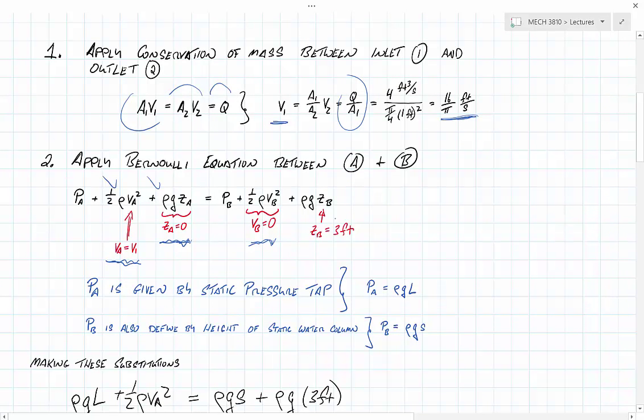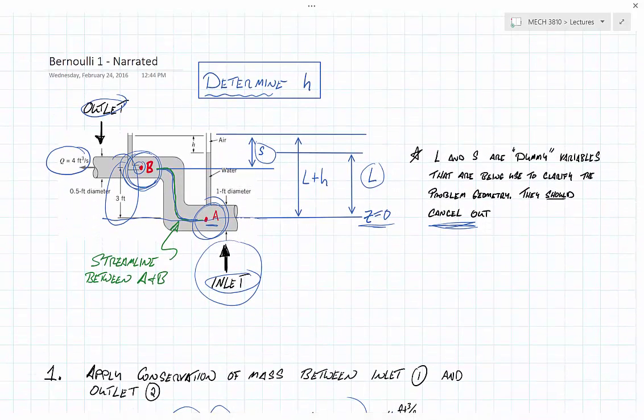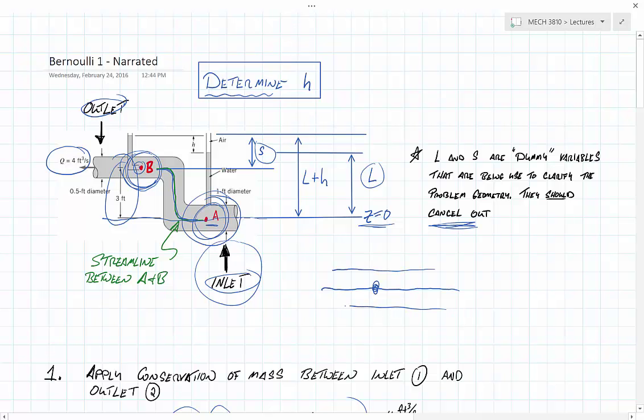Now, what we know is that PA is given by the static pressure tap, so its value is rho g L. Okay, what does that mean? It means that we know the fluid here, let's write this over here again, along the streamline, here's point A, and there's other streamlines moving with it. All of these have the same velocity of VA. But anything measuring it from this side is going to be a static pressure.